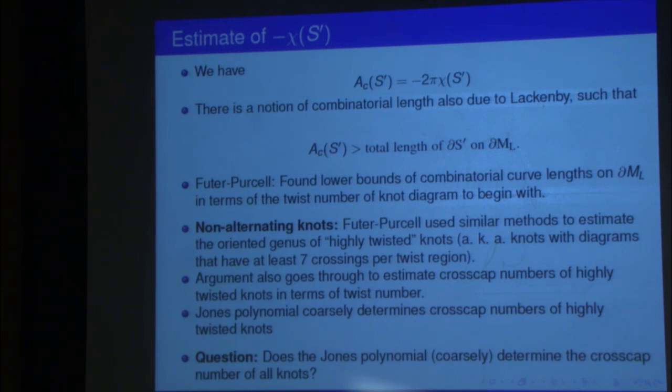one thing that we see so far is that when I'm talking about the Jones polynomial, really, in the end of the day, in these two families I looked at, it is the twist number, right? But nevertheless, there is reason to believe that the Jones polynomial does much better than the twist number in estimating geometric things.